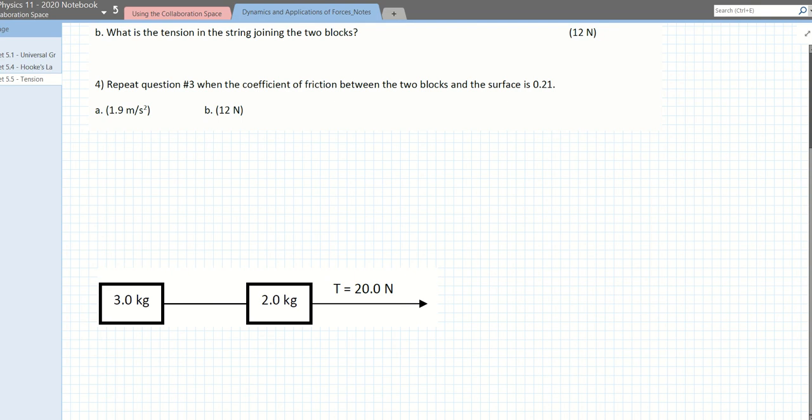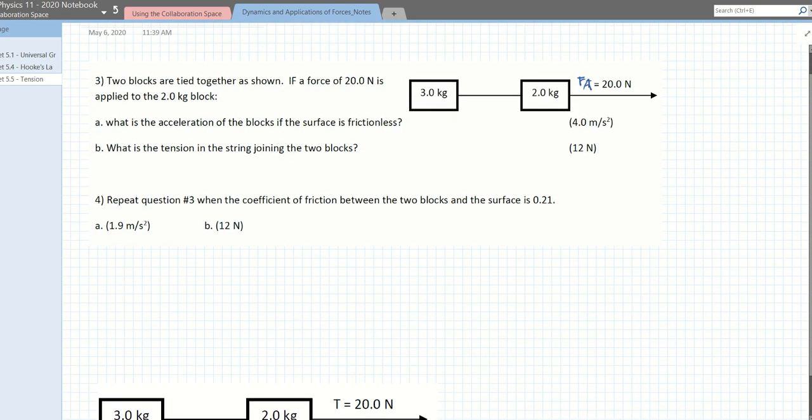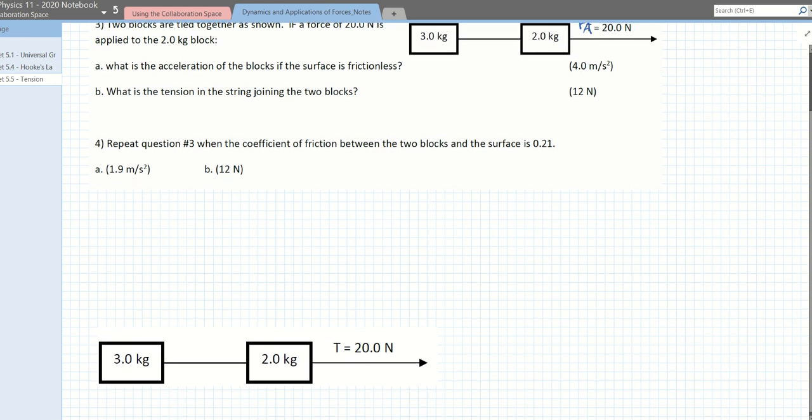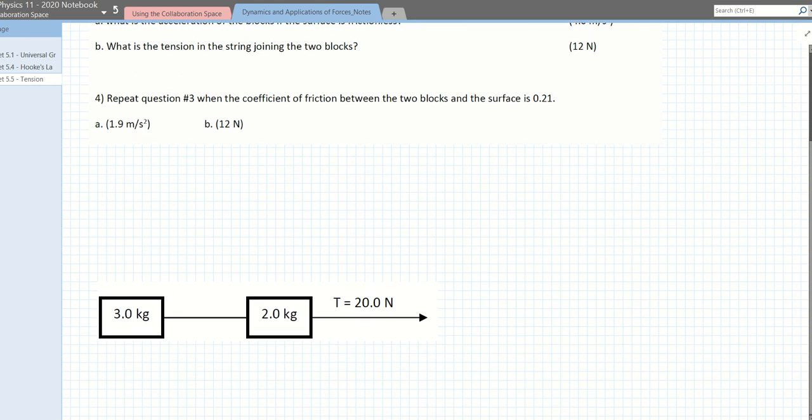In this case, the two blocks are being dragged on some surface here, right? So we're going to have friction in question 4. If we are resting the blocks on a surface, that means we're going to have a normal force. So let's call this our M1, M2.